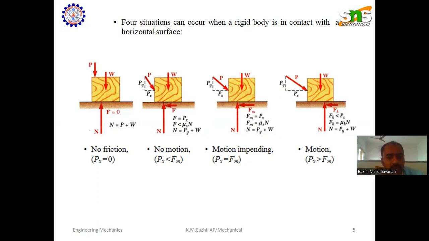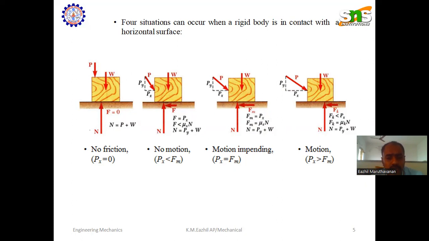Since the system is in static condition, F will be less than the coefficient of friction times the normal reaction, mu s into N. The normal reaction N is equal to Py plus W, as from the vertical equation sigma Fy is equal to N minus Py minus W equal to 0.